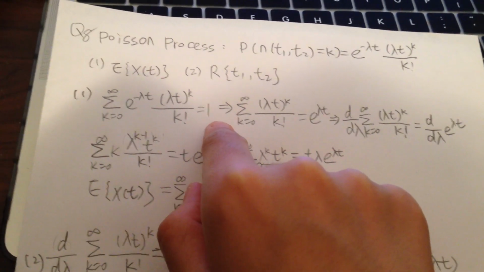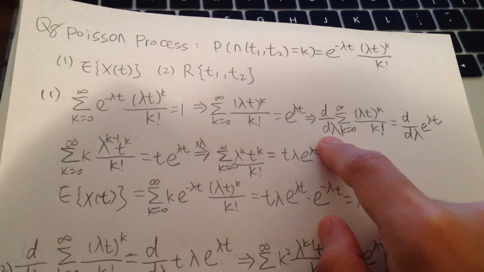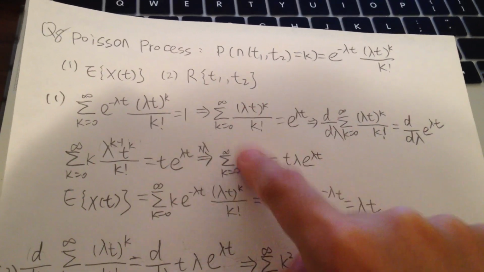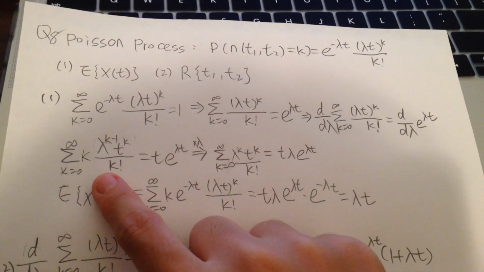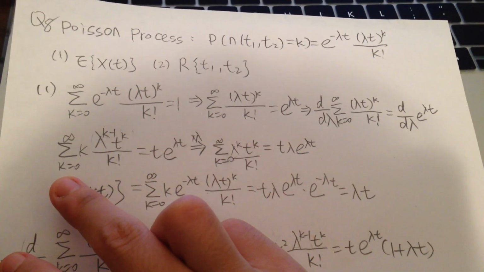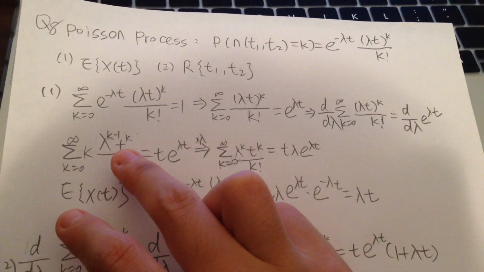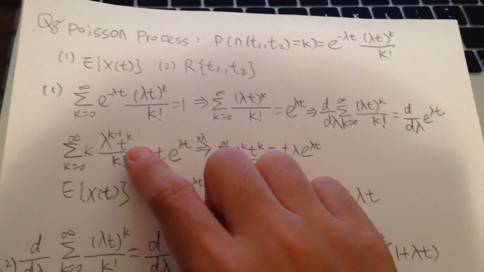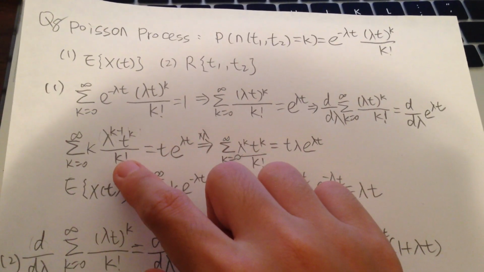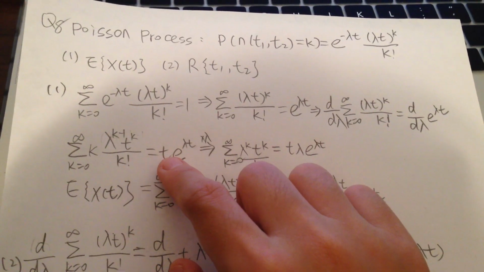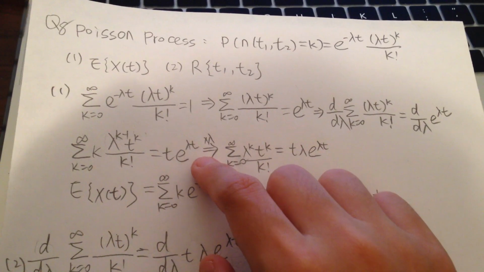If we take the derivative with respect to lambda on both the left side and the right side, we get the sum over k of k times lambda to the power of k minus 1 times t to the power of k divided by k factorial, which equals t times e to the power of lambda t.